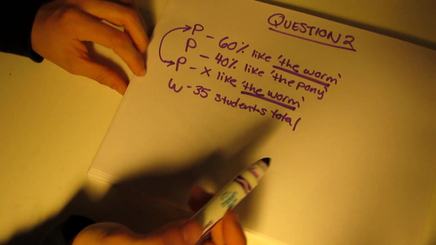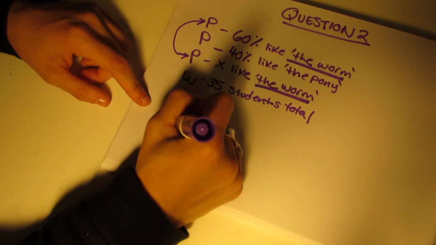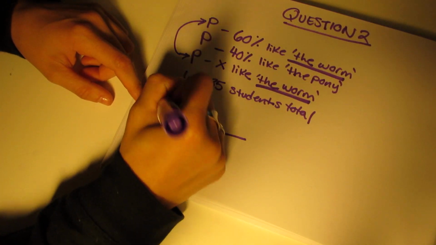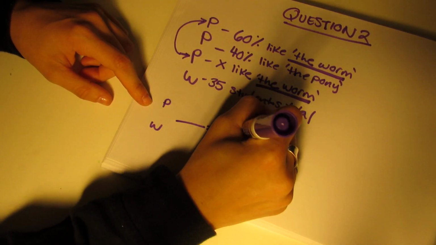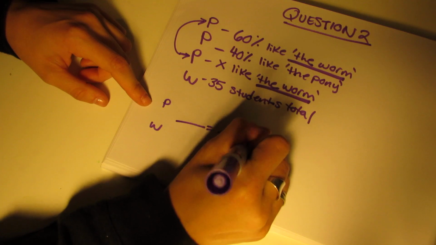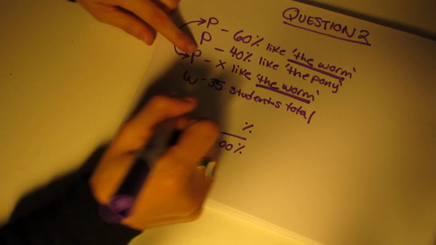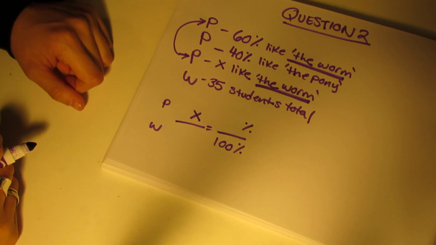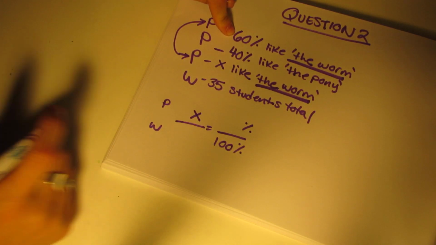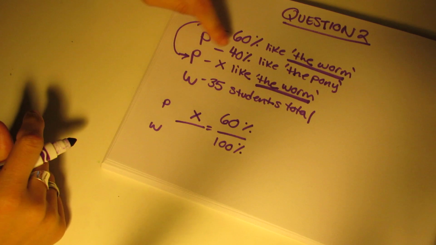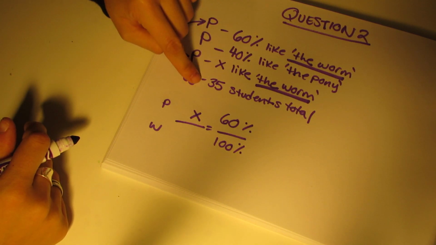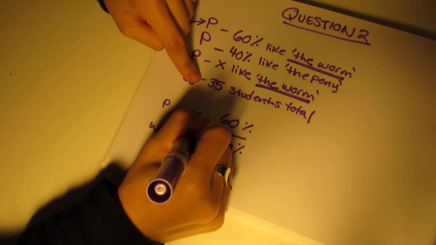Okay, so now I can go ahead and set up my percent proportion. Okay, I always know it's a part over the whole, some percent out of 100%. And if I know that I'm solving for a part, I'm going to put an X here. And I'm going to use the 60% because it matches my part. And I have a total of 35 students.